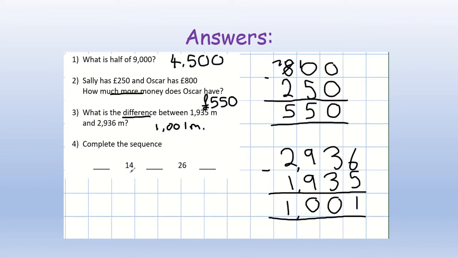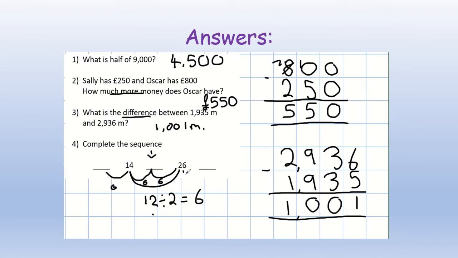Okay, a sequence question. To work this out, we need to find the difference between 14 and 26. And there is a difference of 12. However, there's a jump in between. So if we half 12, it gives us 6. So that tells us in between each jump, there must be 6.